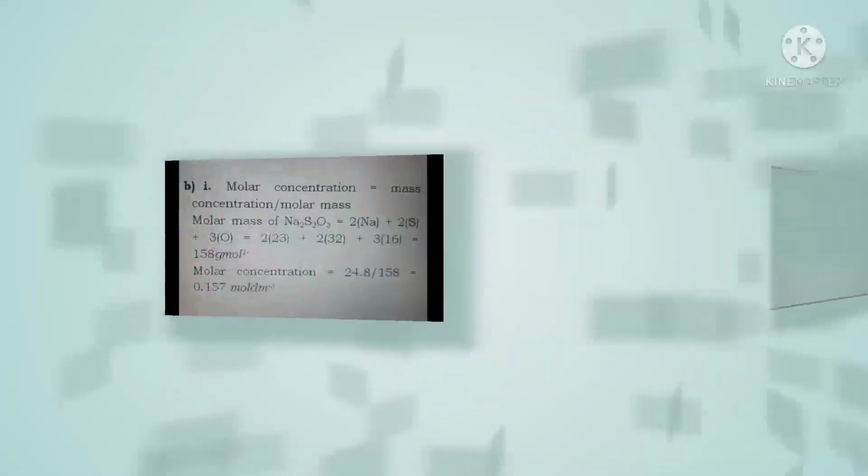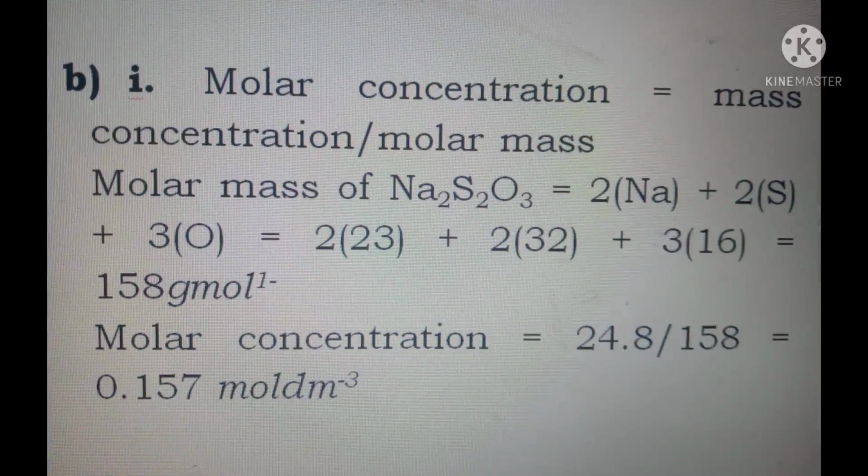Now the molar concentration of B, and the formula for molar concentration is mass concentration divided by molar mass. We find the molar mass as shown here. You have to show your solution for the molar mass.